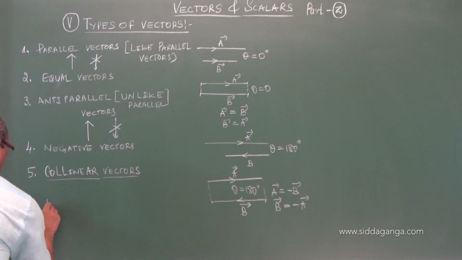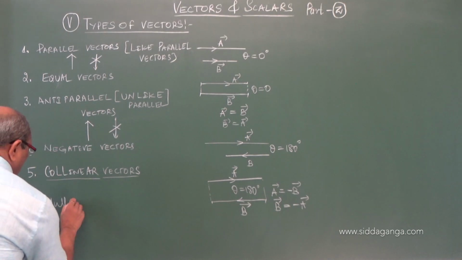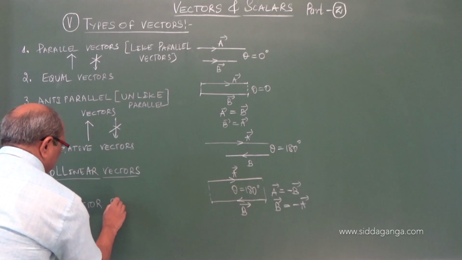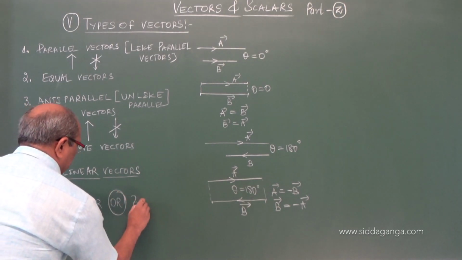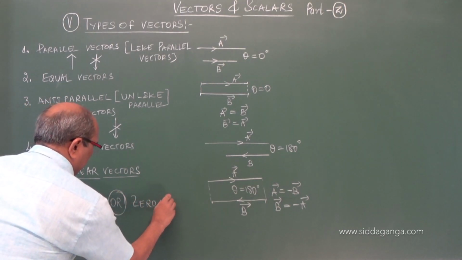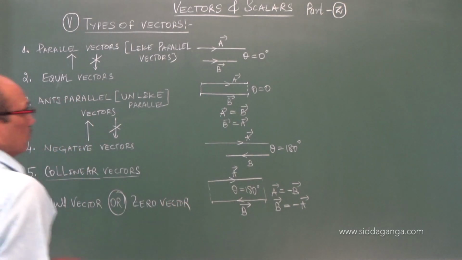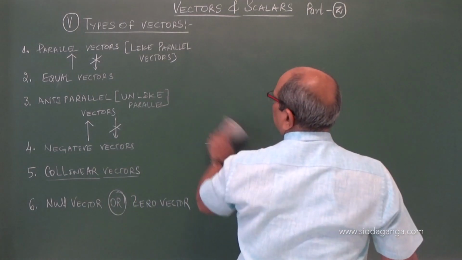Sixth one I take: null vector or zero vector. Null or zero vector.